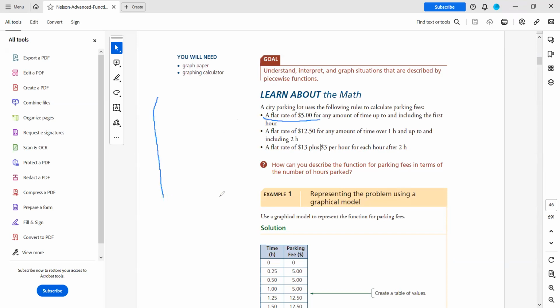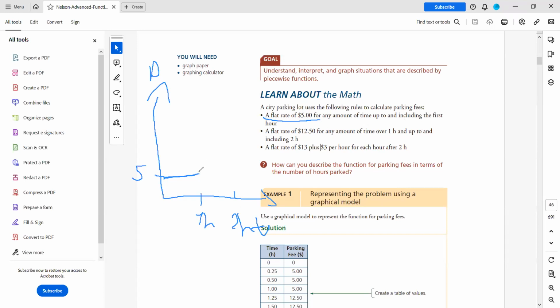Let's make a graph of rate or price for parking with respect to time. First hour, constantly $5 I'm paying, right? So it would be just a straight horizontal line. Then from 1 hour to 2 hours, I pay $12.5 no matter how long I stay in this interval.